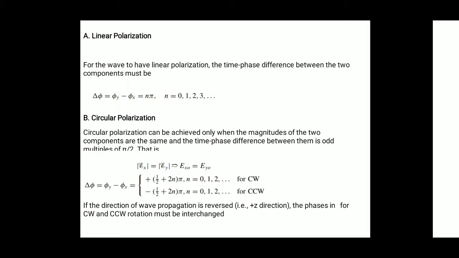One property is that the magnitude of the electric field in the x direction and the magnitude of the electric field in the y direction are equal. The second property is that the phase difference between Ex and Ey is plus pi/2 plus 2n pi, n = 0, 1, 2, 3, for clockwise direction. Similarly, with the negative sign, for counterclockwise direction.